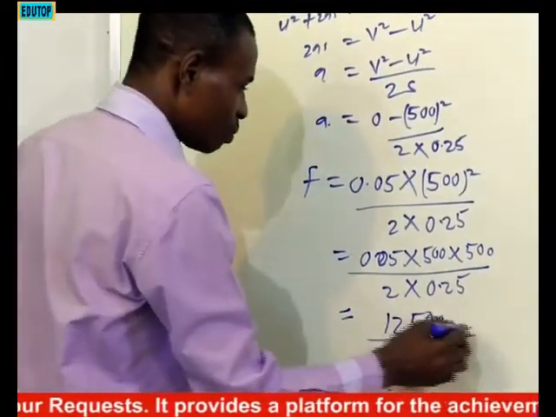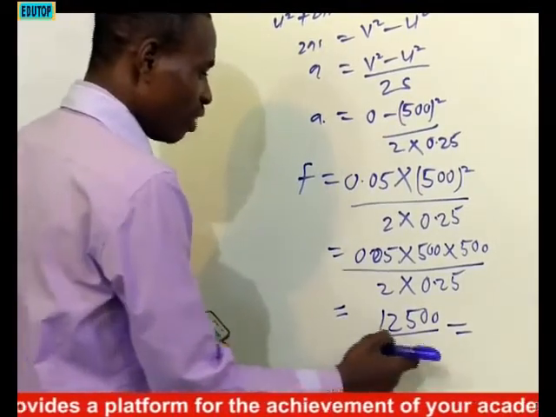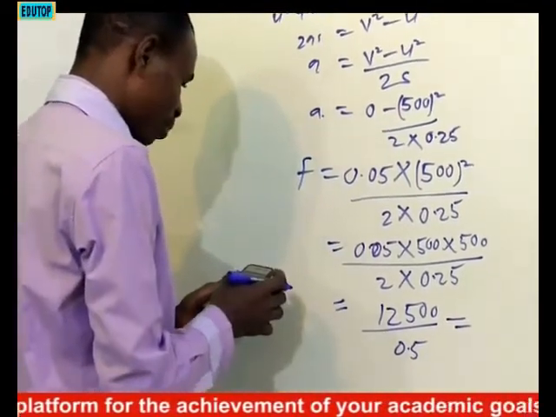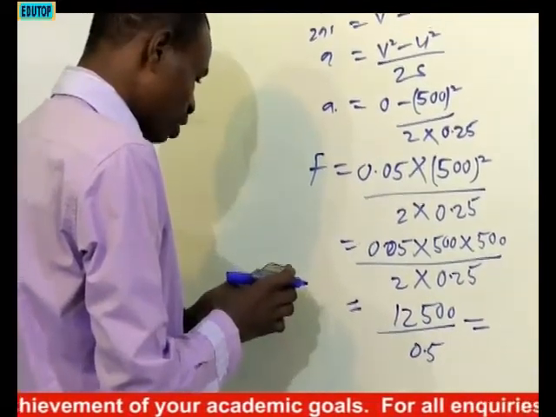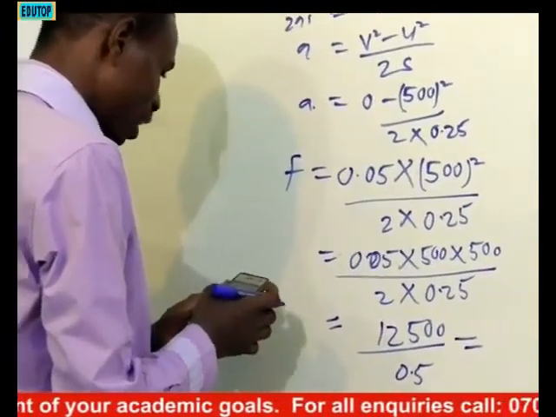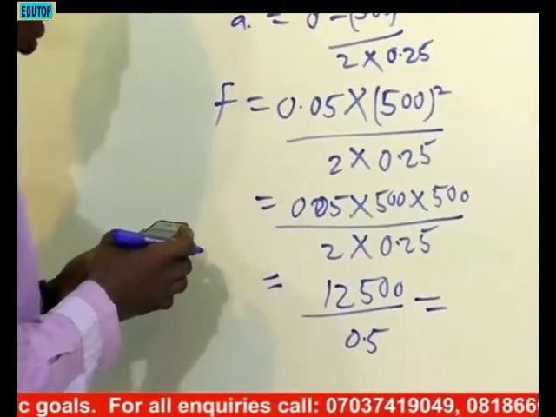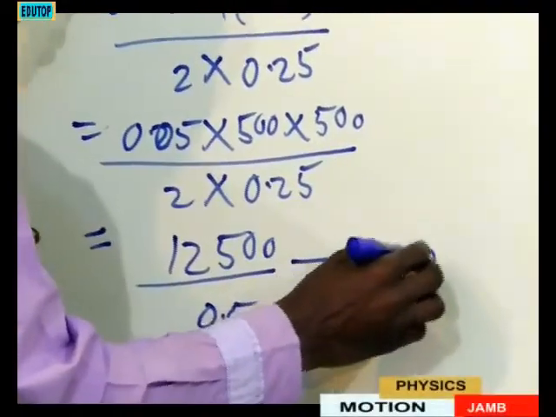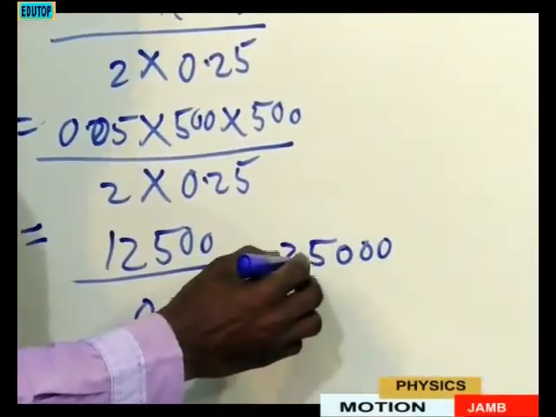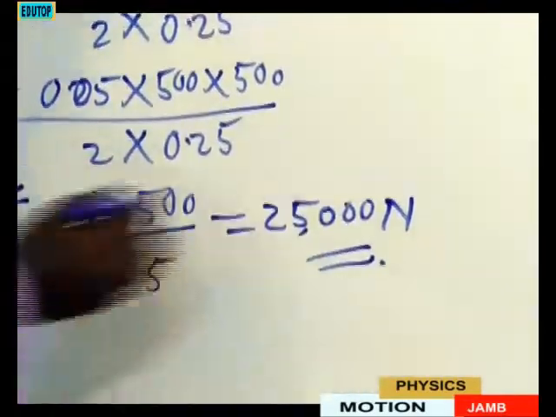So we are dividing 12,500 by 0.5, and 0.5 here is half. We are having 25,000, and that will be the force in Newton.